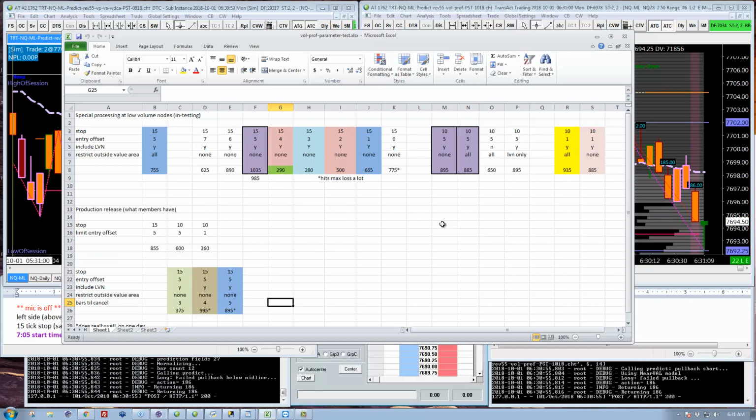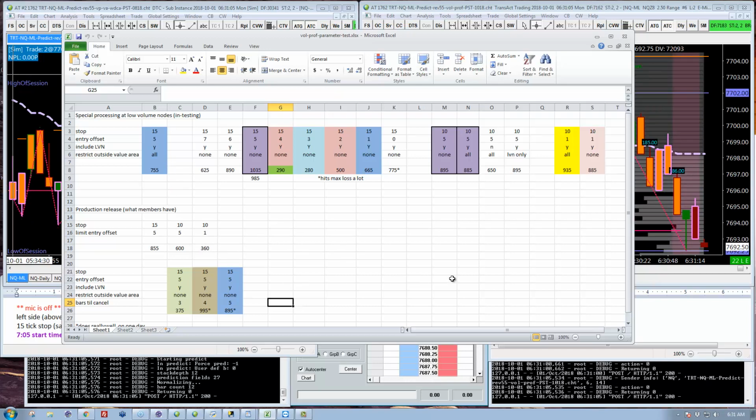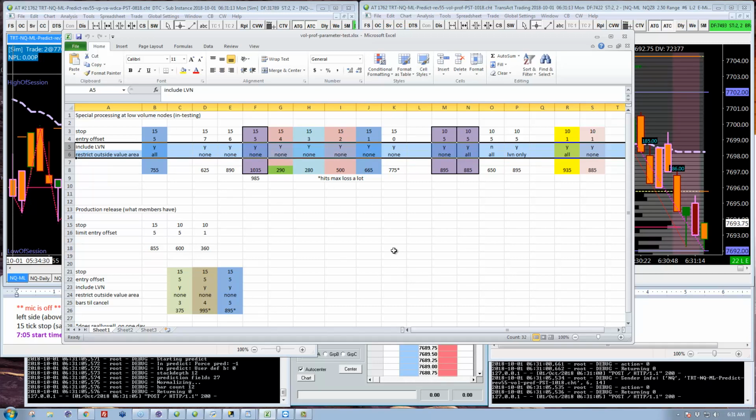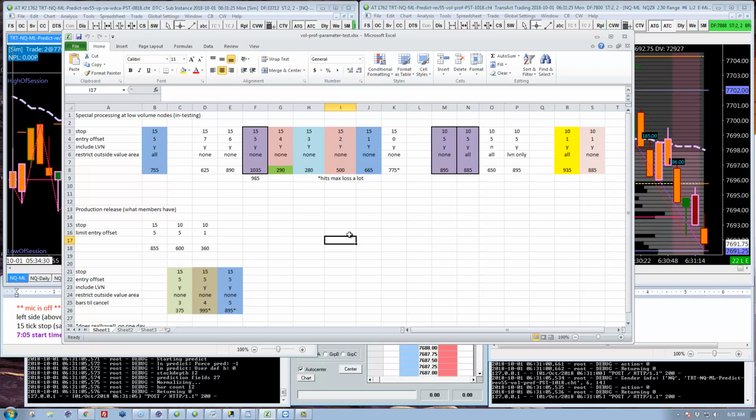So I ran tests using different stops and different entry offsets, different settings for the low volume nodes over and over and over last week. I covered much of this in the video that I released yesterday, so you can go back and watch that. But I did do some extra since then.